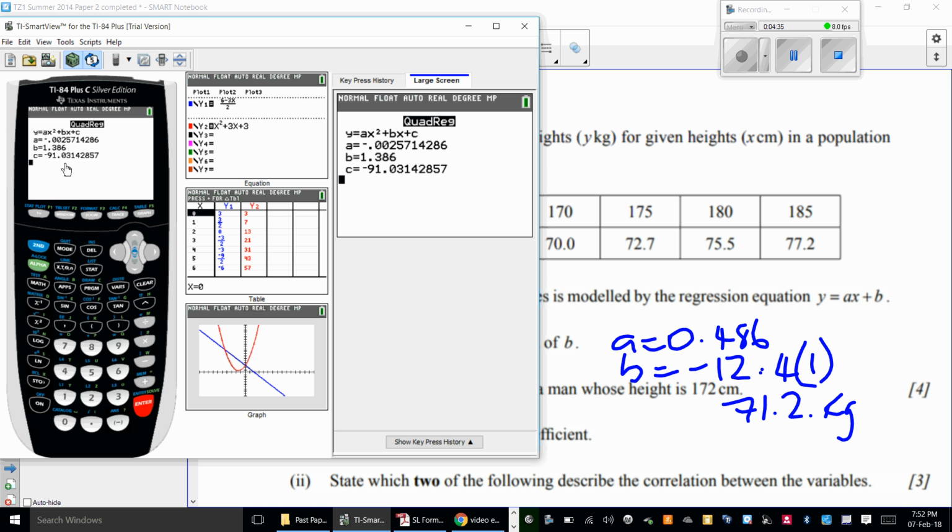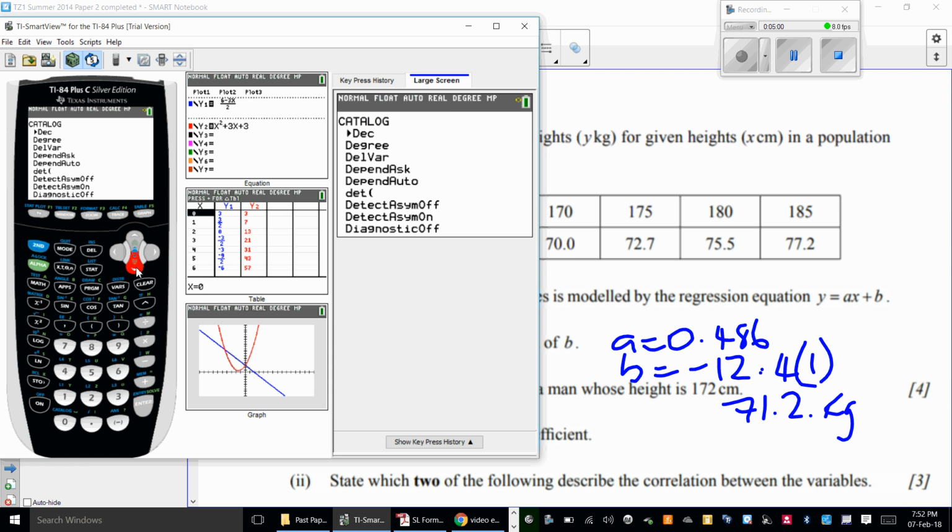But if you remember, we just had an A and a B. And what that meant was that my diagnostics wasn't on. So what I need to do now is make sure I turn them on. So I want to go to D, diagnostics on.